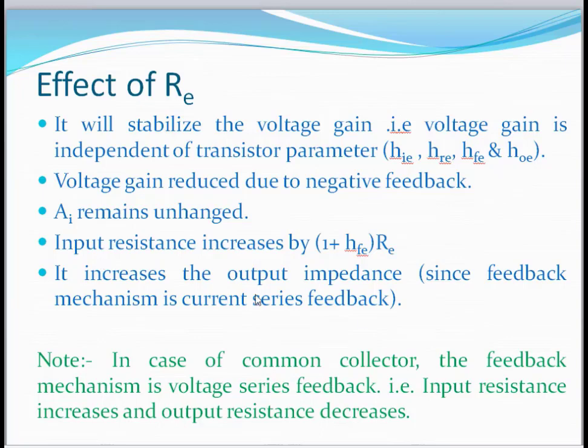This is an important point. It is often asked directly in exams, in MCQs, what the feedback mechanism of common collector and common emitter is. So you should know it. Further, I have one question for you.